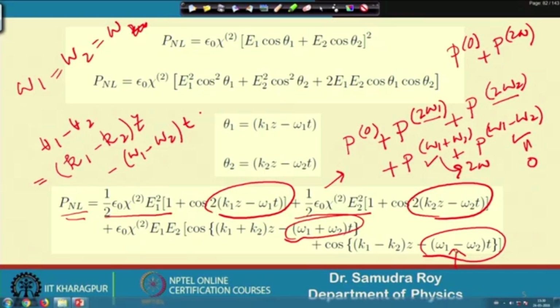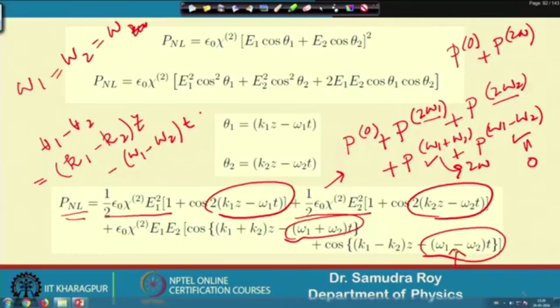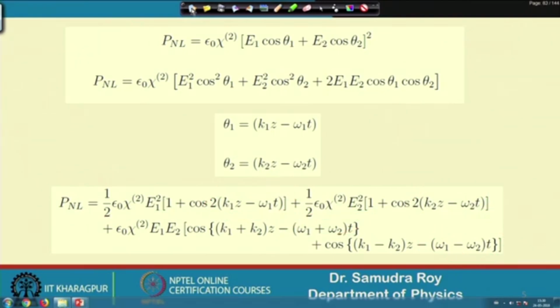If the two frequencies are the same, we will have a frequency component which is 0. And also, if I add these two frequencies, omega 1 and omega 2, we will find 2 omega if omega 1 and omega 2 are the same as omega. So, this is basically the second harmonic process, second harmonic generation. So, second harmonic generation is a special case of sum frequency generation or difference frequency generation, under the condition that all frequencies are the same.